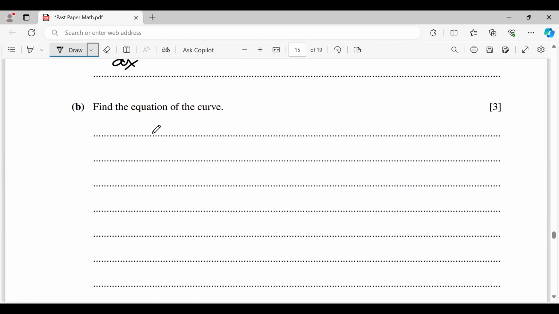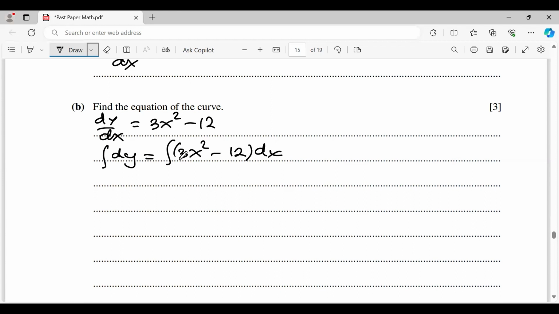Find the equation of the curve. Okay, to find the equation of the curve, recall that dy/dx equals 3x squared minus 12. So integral dy equals integral 3x squared minus 12 dx. So y equals x cubed minus 12x plus c.